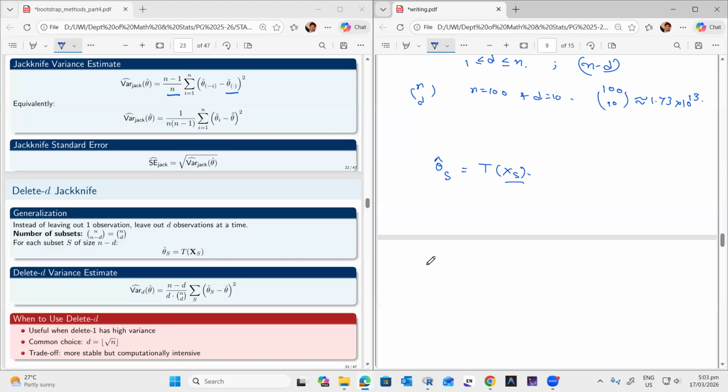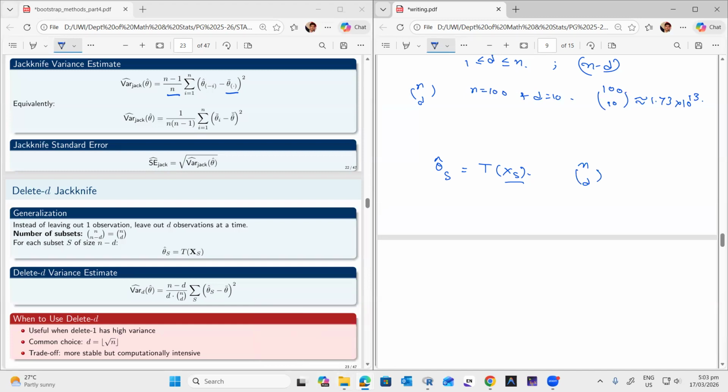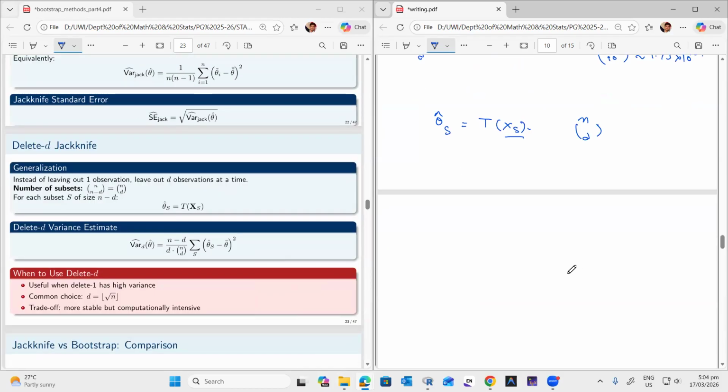In principle, we would compute this for all nCd combinations, but this is rarely done for large n due to computational restrictions.